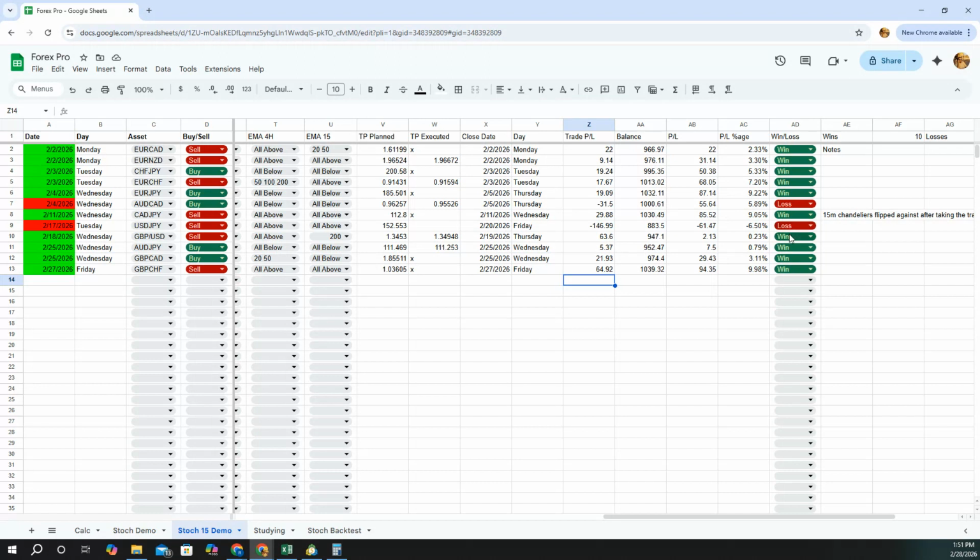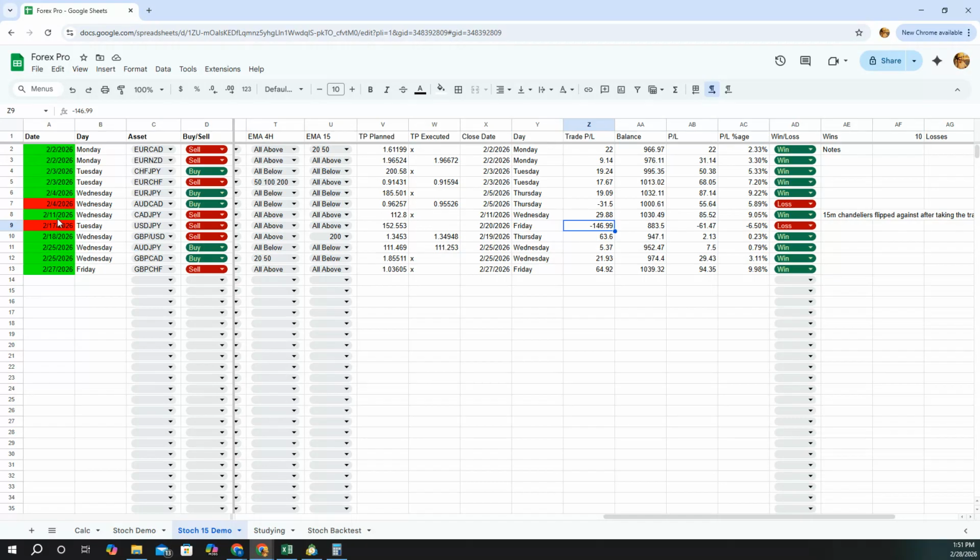Now we have a loss here and a win here, and this loss was this much. And what it did is it took all the profits that we made in the previous 2 weeks from the 2nd of February until those days.